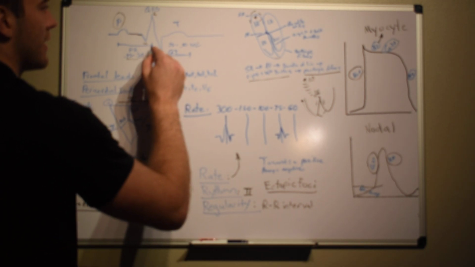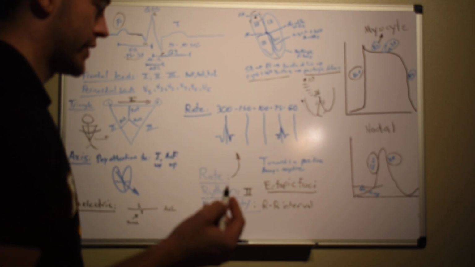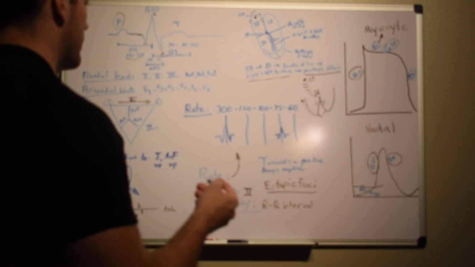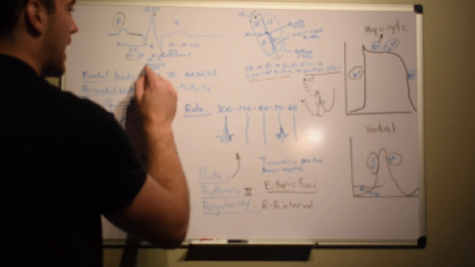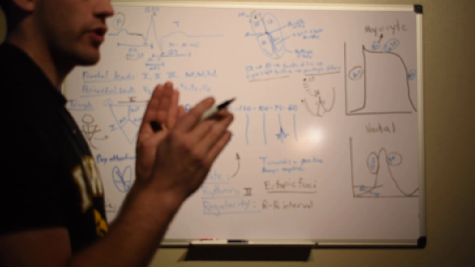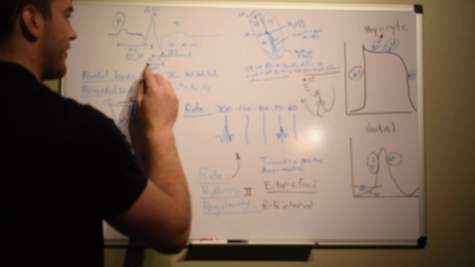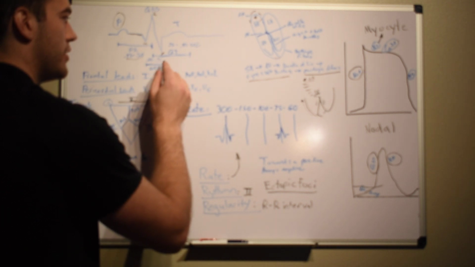So this entire complex corresponds to ventricular depolarization and thus contraction. And we have to measure how long this complex is, otherwise we know something's wrong. If it's too long, we know something's wrong. The measurement of that is 0.08 to 0.12 seconds.